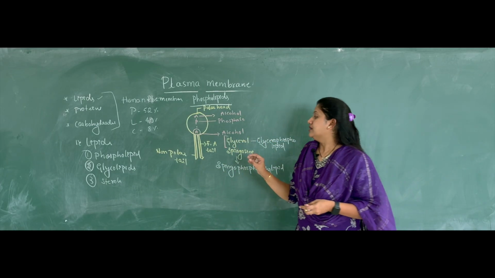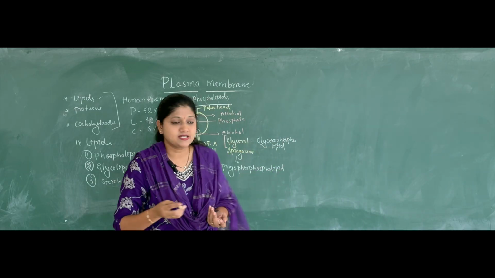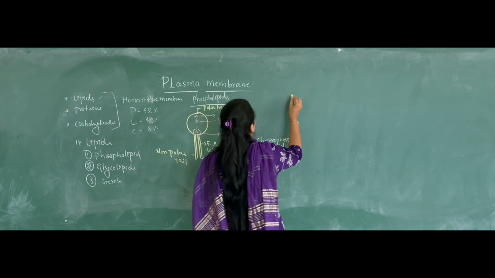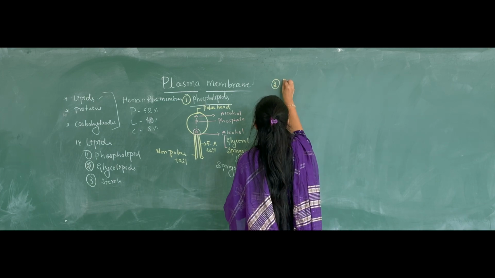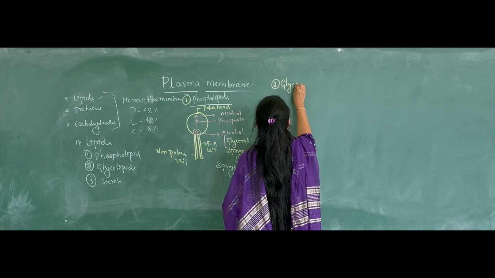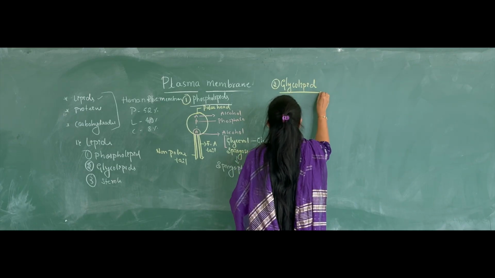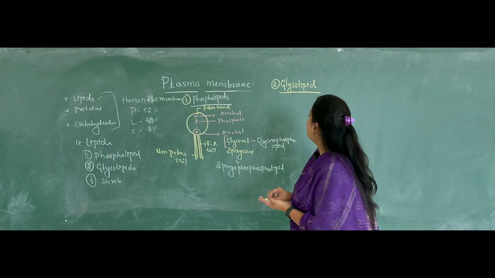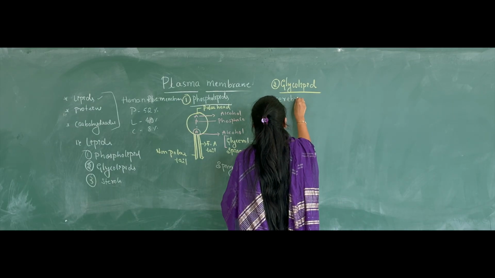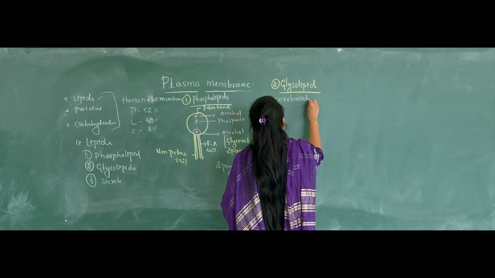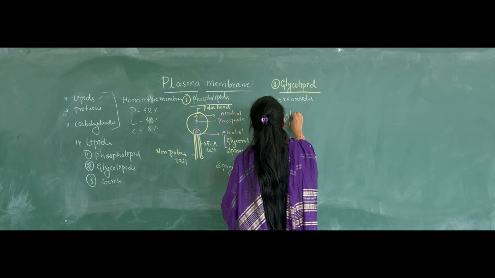Okay. Then coming to the next one, that is the glycolipids. So glycolipid, this is the first one, phospholipid. Second one is glycolipid. So glycolipid, cerebrosides and gangliosides.